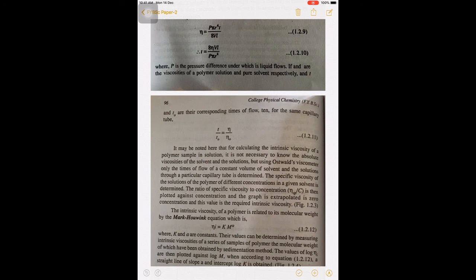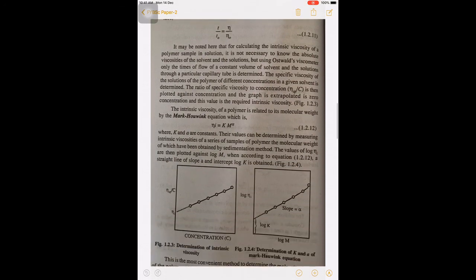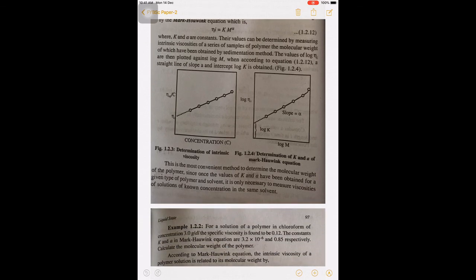By use of the time of flow of that liquid we can also calculate the molecular weight using eta I is equal to k into M raised to a, where k and a are constants for that polymer, and M is the molecular weight. These are the two graphs which we have plotted, and the extrapolated graphs give us the intrinsic viscosity and the value of the constant k.